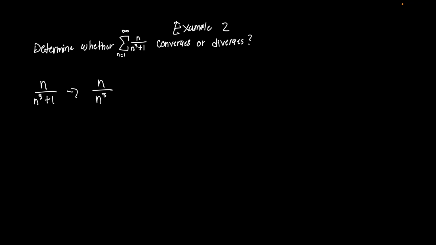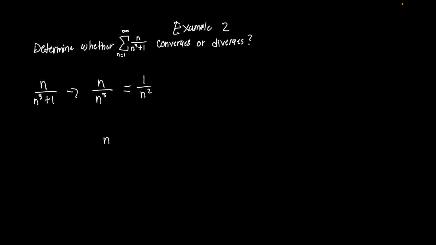Now if we simplify n over n cubed, there's an imaginary 1 in the numerator. We just don't write it, because any variable is just a variable to the first power. So this is equal to 1 over n squared. Why?